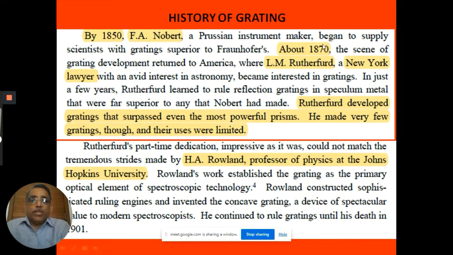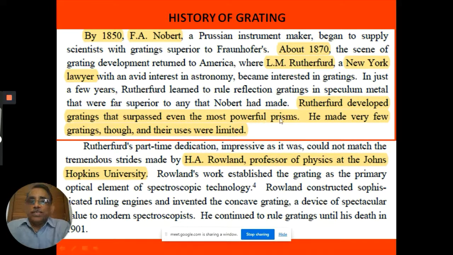And about 1870, the making of gratings shifted from Europe to the US. Rutherford in New York was basically a lawyer and a kind of hobbyist in astronomy. He started making gratings, and the gratings he was making were much more powerful than the prisms available in those days.